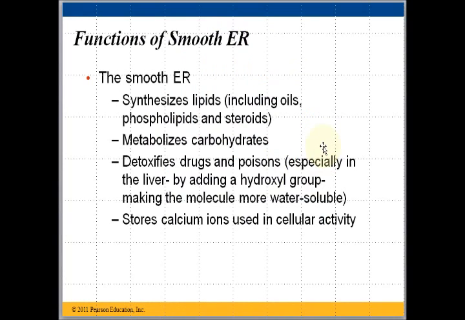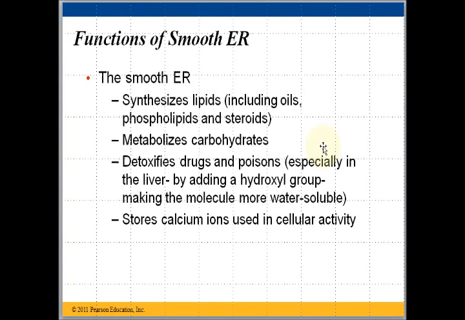The smooth ER and the rough ER do have some similar functions, although we'll kind of separate them out. The smooth ER is used for synthesizing or creating lipids. Remember, lipids are things like oils, the phospholipids that make up the cell membrane, and steroids, so some of your hormones, like the various sex hormones in humans, which are types of steroids.